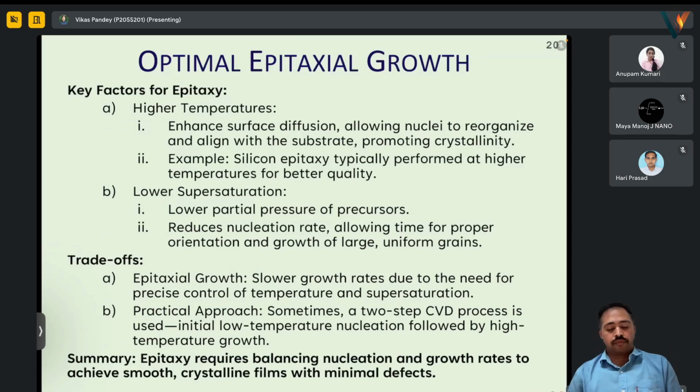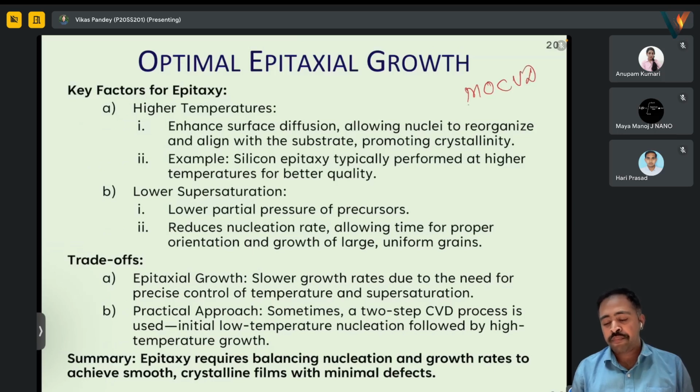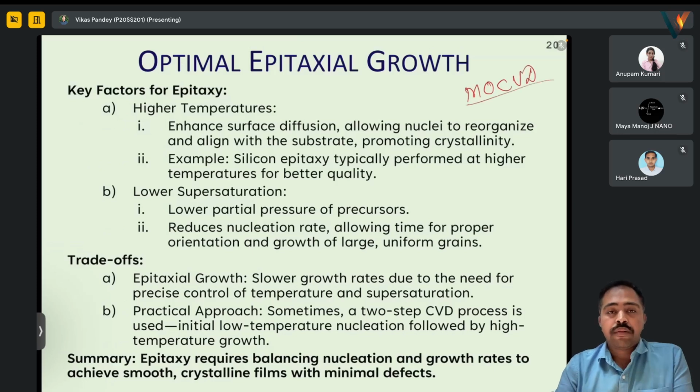So what are the parameters for optimal epitaxial growth? First one is high temperature. When we are talking about epitaxy, that is with the method of CVD, generally LPCVD or more commonly called as MOCVD.